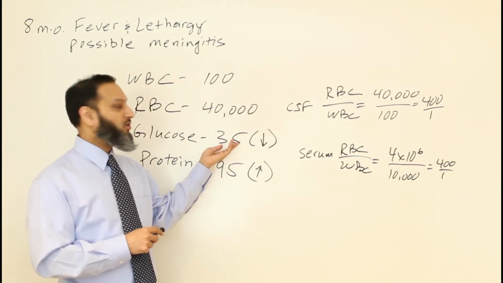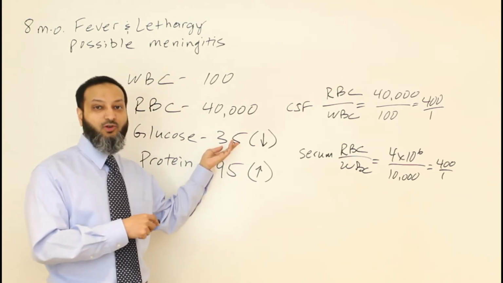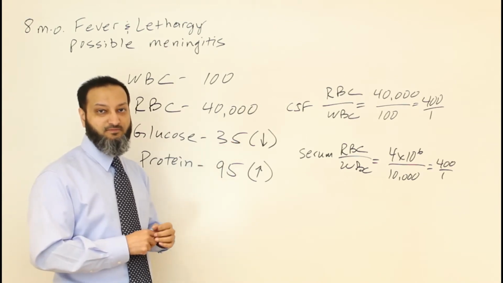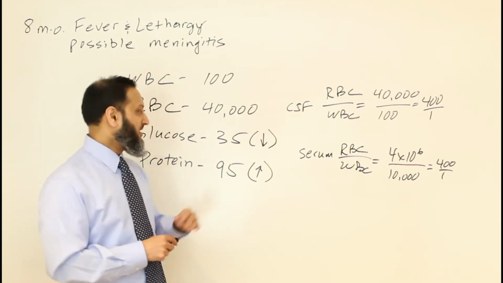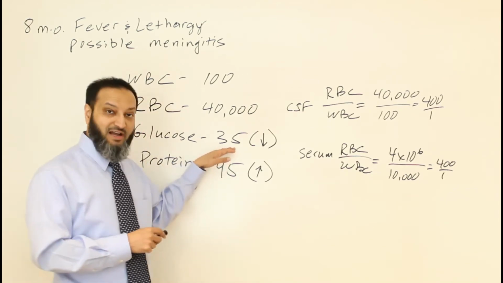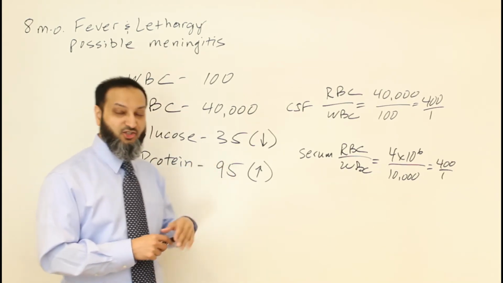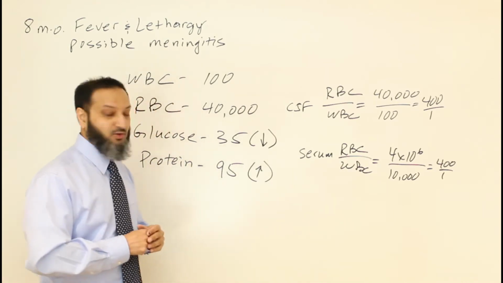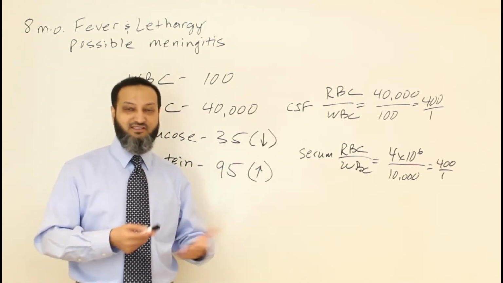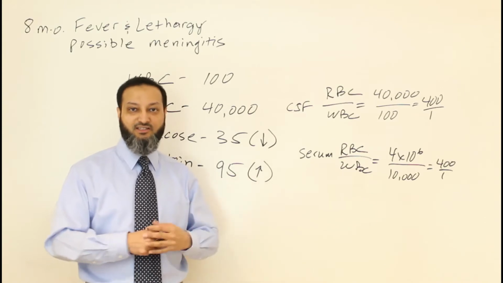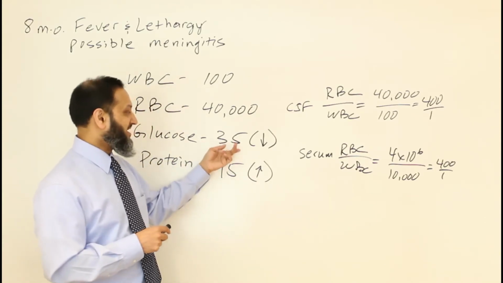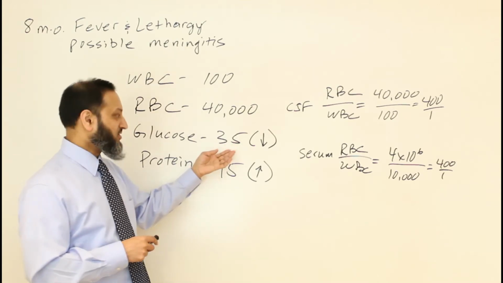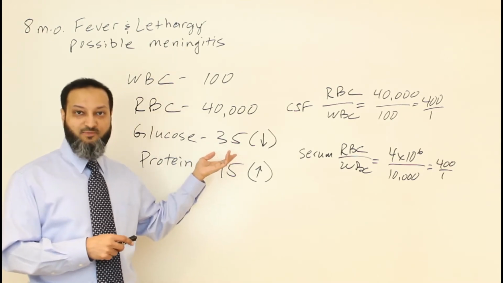What's the typical ratio of your CSF glucose to your serum glucose? It's about 1/2 to 2/3. So this child's glucose of 35 in the CSF, if we check the sugar in the blood, if his glucose in the blood was, let's say, maybe 70, because he's not eating that much from the meningitis and vomiting and things, and his serum glucose is 70, and his CSF glucose is 35, that actually is the ratio you would expect, right?